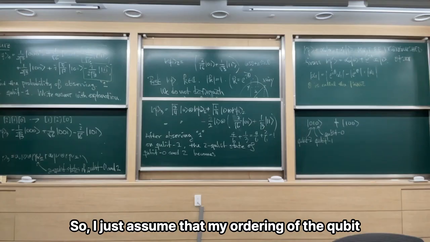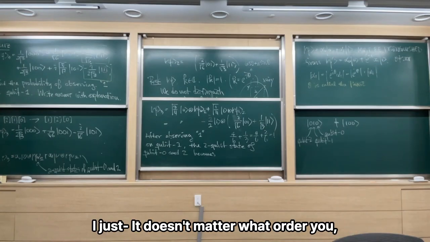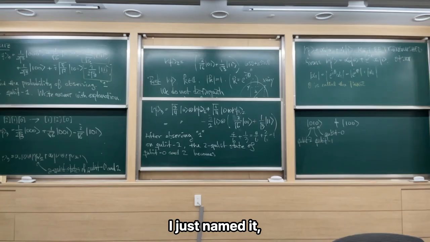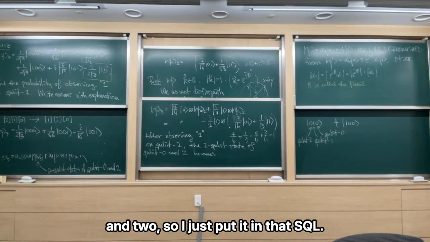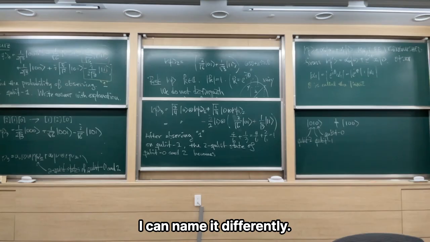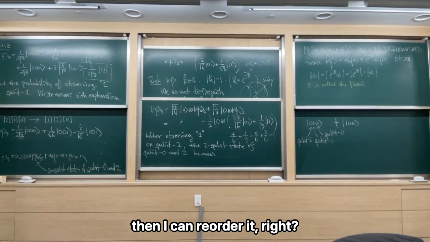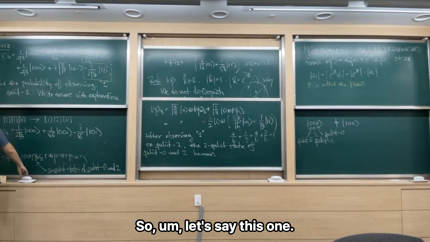So I just assume that my ordering of the qubits is switched. It's not like physically the qubits are ordered this way. It's just the representation. I just labeled them 0, 1, and 2, so I put them in that sequence. I can name them differently. If I name them differently and I still follow the order of the integers, then I can reorder it, right? So let's say this one.